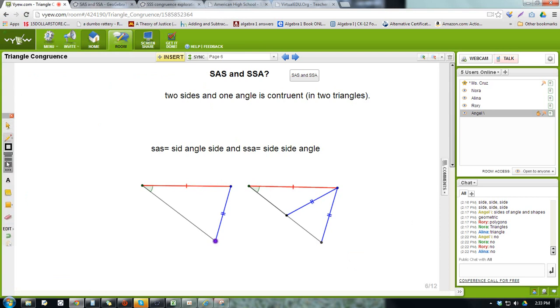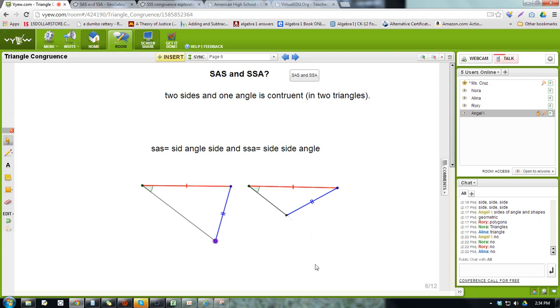Now, suppose that I covered this whole part up. Make this a little bit thicker. All right, here we have two triangles with two sides that are congruent and one angle that is congruent.